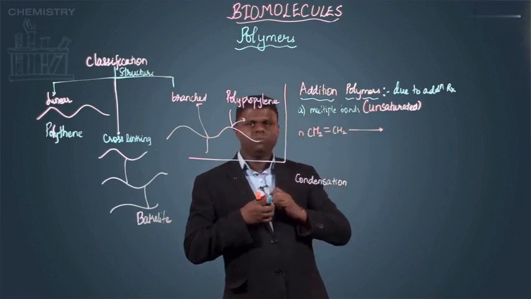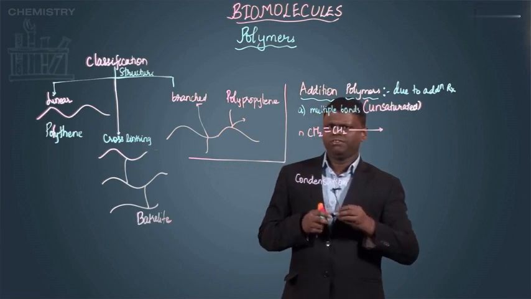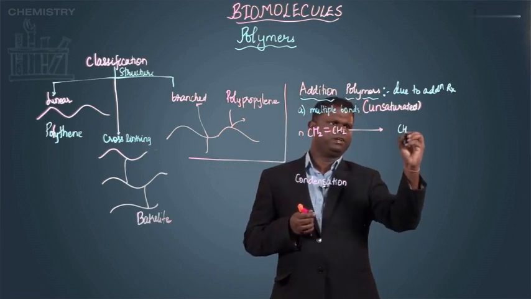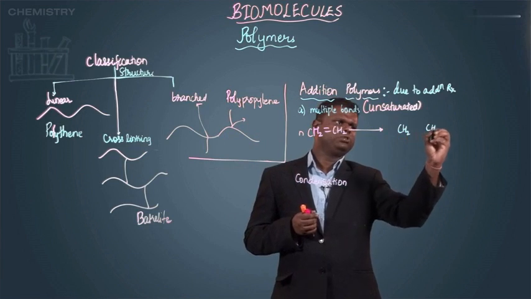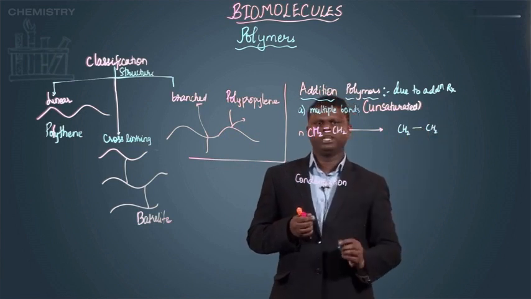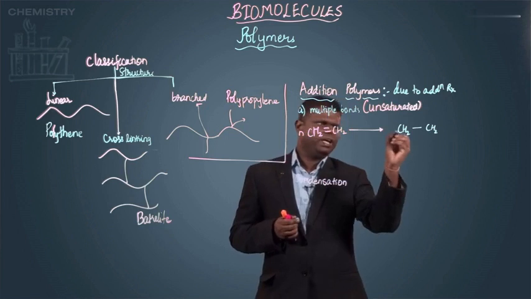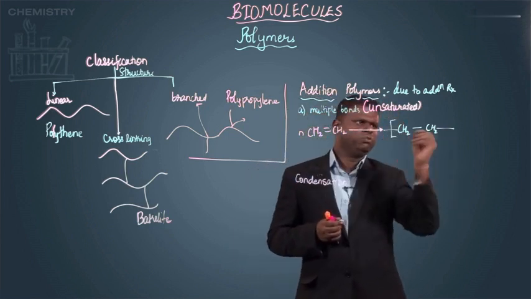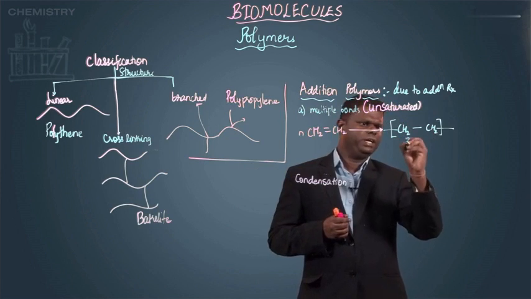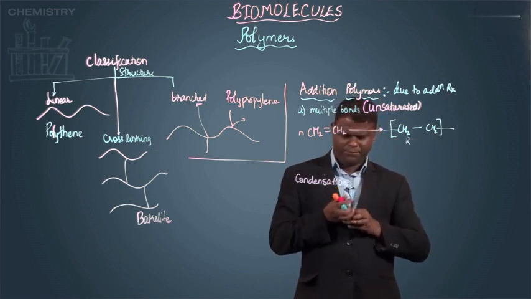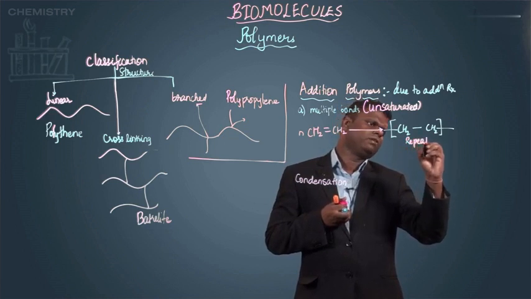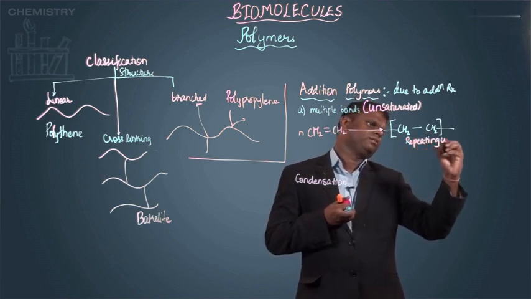And there is a way in which you are supposed to write a polymer. First, you write n such molecules and then write the repeating unit, CH2-CH2, but with a single bond. So now what exactly happened? This bond breaks and you form a chain from one side, the other side, then you put this as the repeating unit.